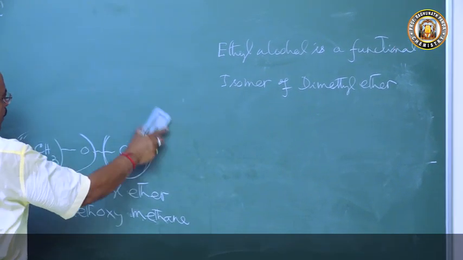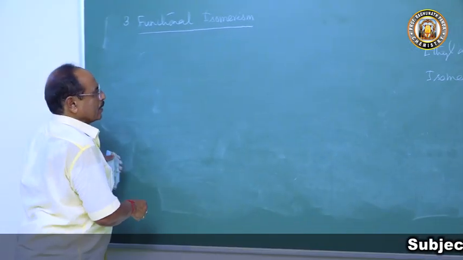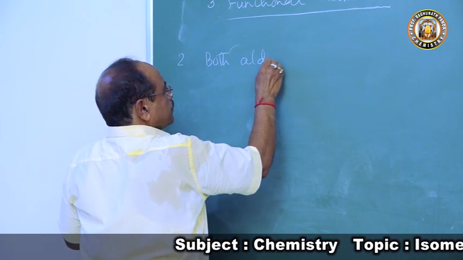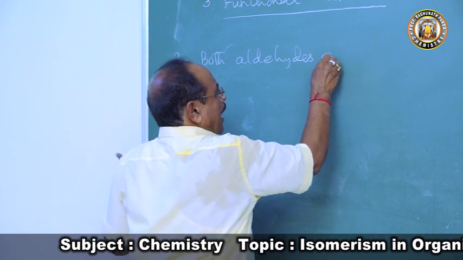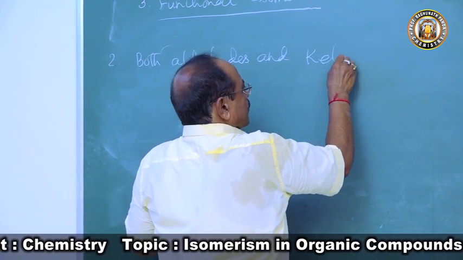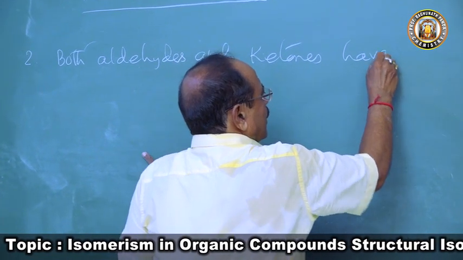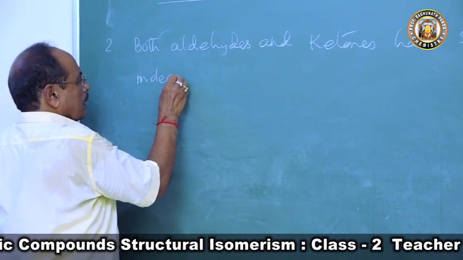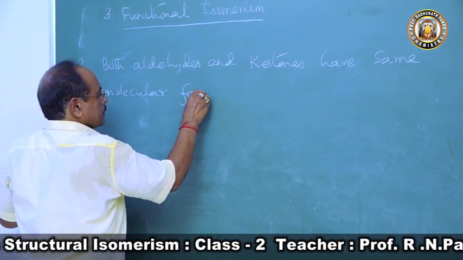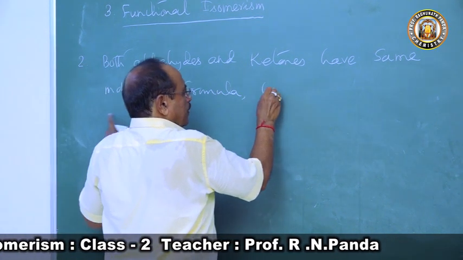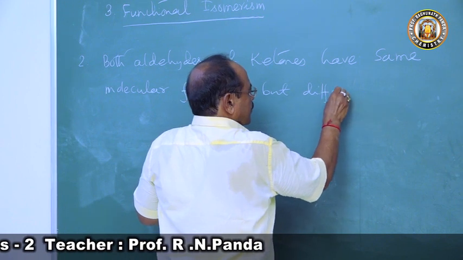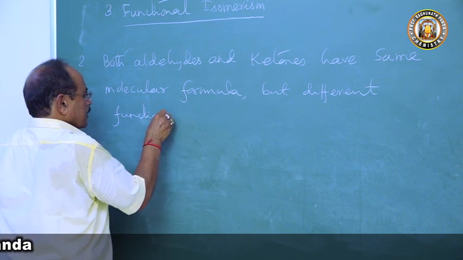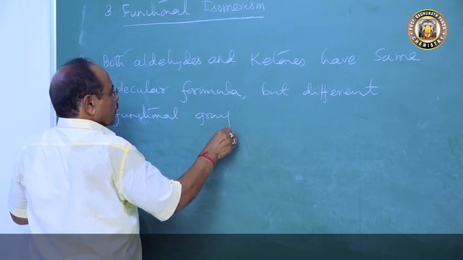Now if we come to the second class of compounds, another example we can take here: both aldehydes and ketones have the same molecular formula but different functional groups.